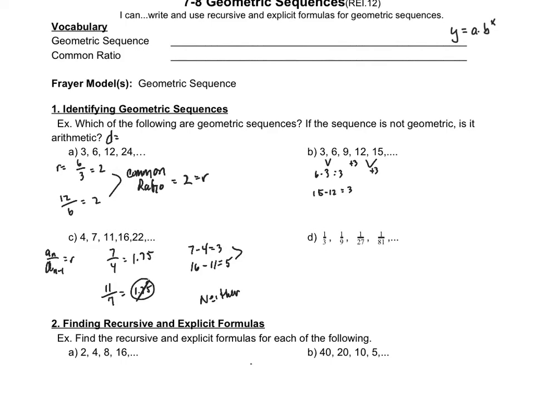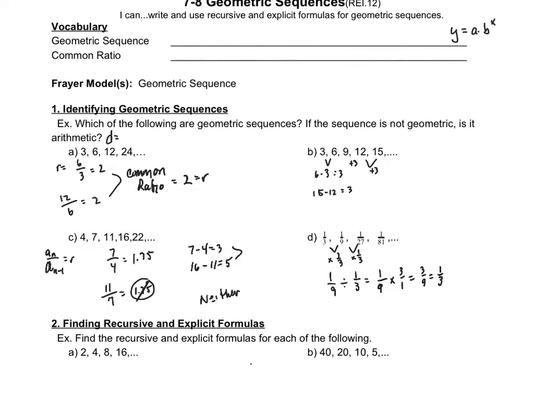And then this next sequence, I can look at this and say, well, it looks like I am multiplying by 1/3, which is my common ratio, so the common ratio is 1/3. But if you can't recognize that, we'll just take one term and divide it by the previous term, and that is 1/9 times 3 over 1, which is going to be equal to 3 over 9, or 1/3.